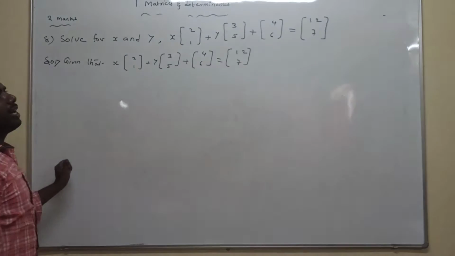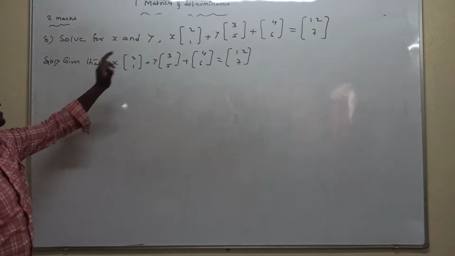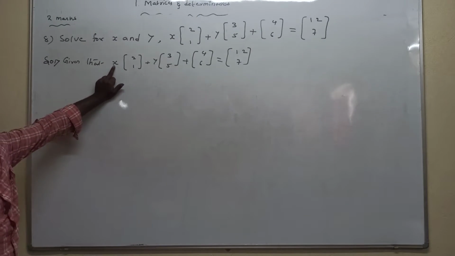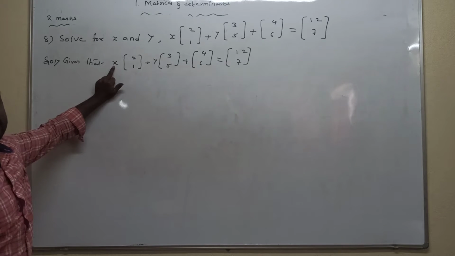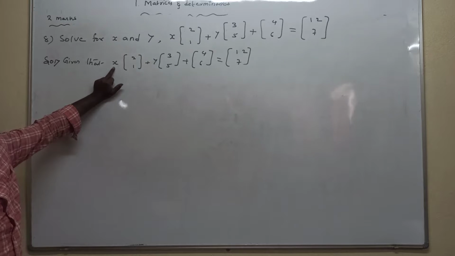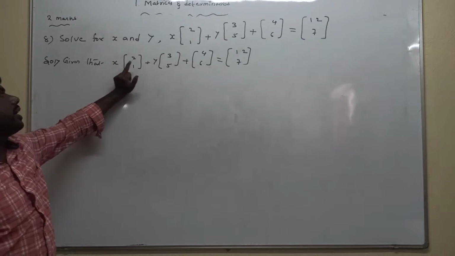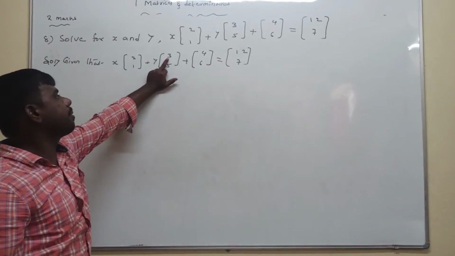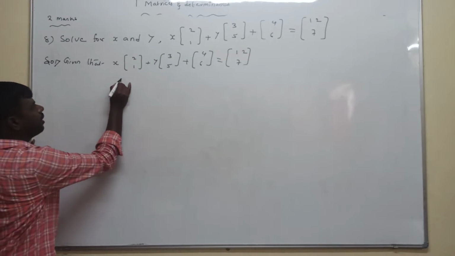Here x is a scalar element. Scalar multiplication means each element is multiplied with the scalar. Here y is also a scalar, so each element is multiplied with y.